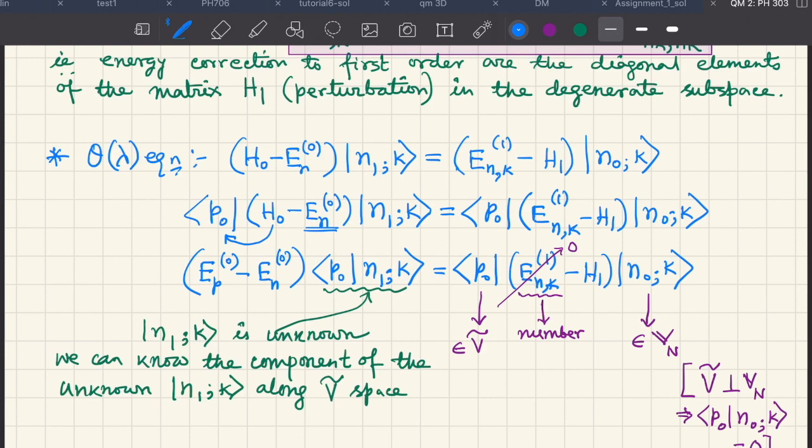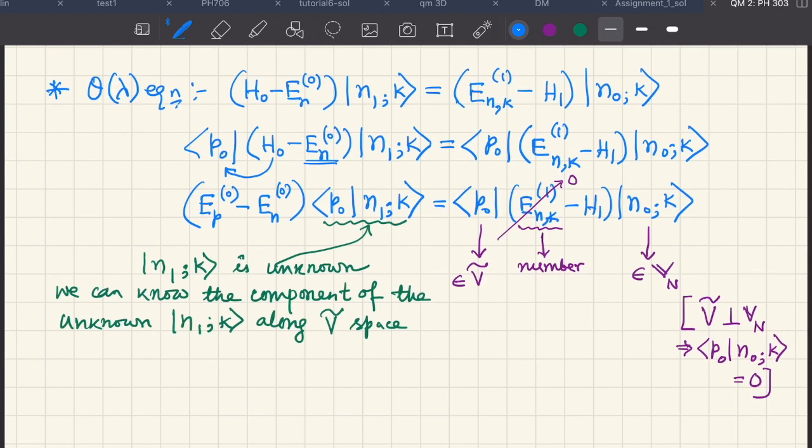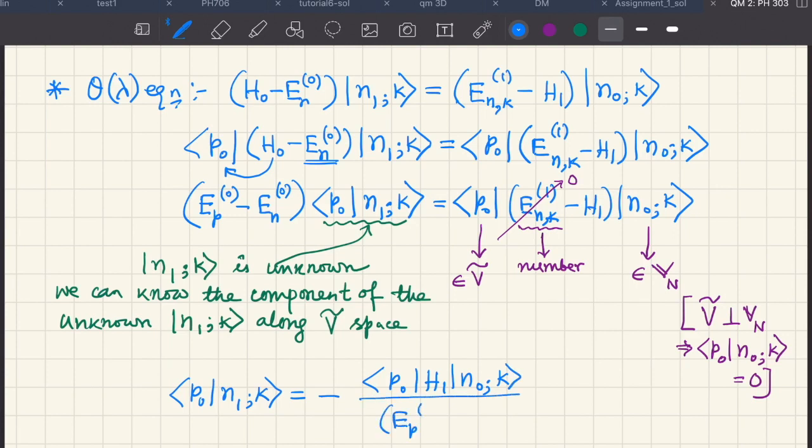What we are left with is basically ⟨P^0|n^1;k⟩ is equal to minus ⟨P^0|H^1|n^0;k⟩ divided by E_P^0 minus E_n^0.